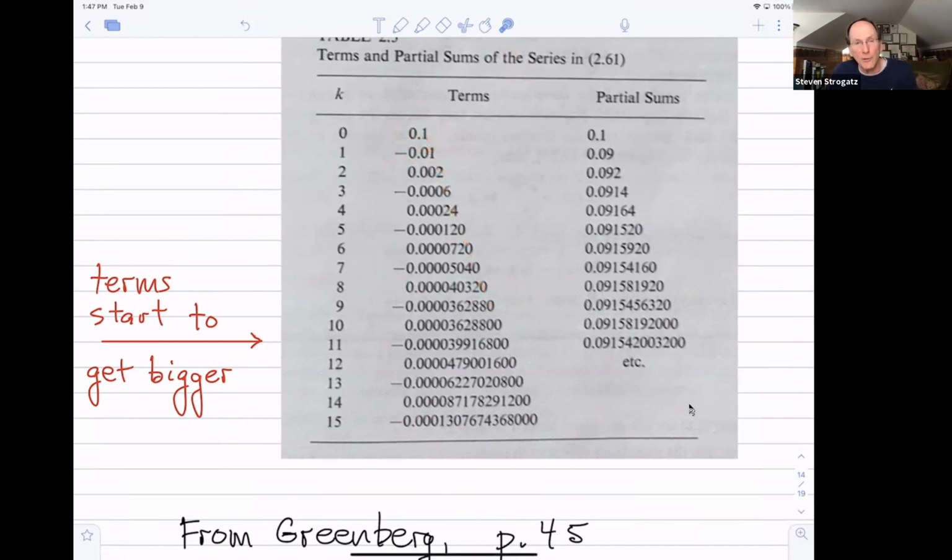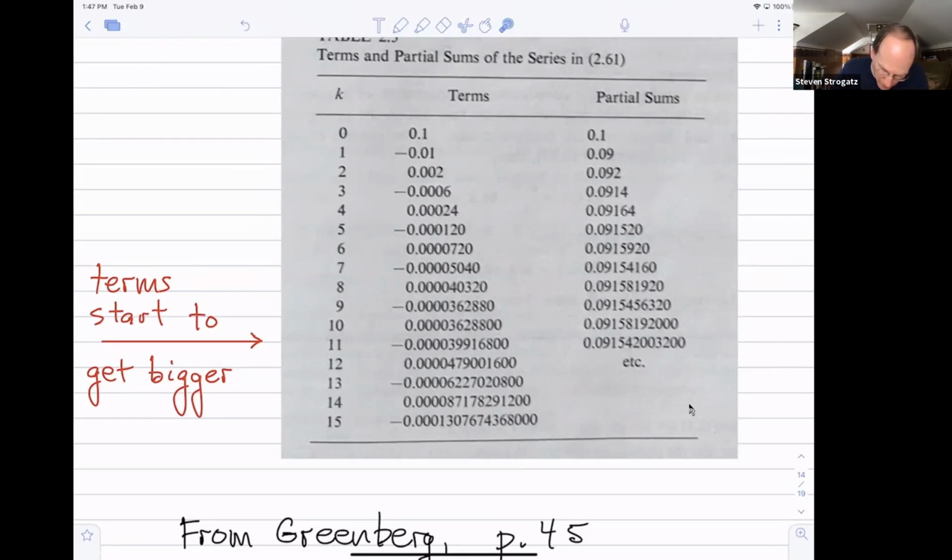Remember when we did the ratio test, we found a cutoff where n was the same size as x. So since we're interested in f of 10, we would expect that once we look at more than the 10th term, they're going to start getting bigger. This is what's causing the divergence, right? Instead of the terms progressively getting smaller, they're starting to get bigger after a certain point.